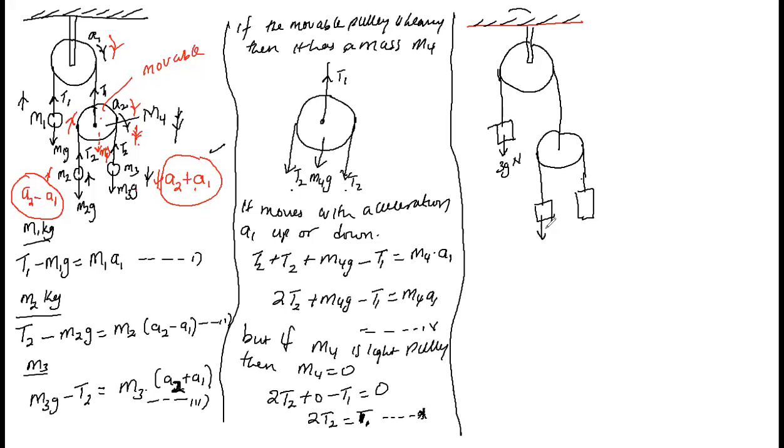This one will have 6G newtons. This one will have 2G newtons. This one will have a tension T1. This one will have tension T2. Tension T3. And they have said A is a light pulley.